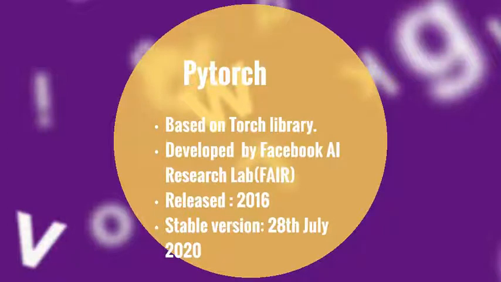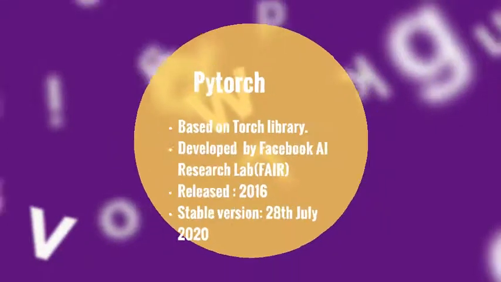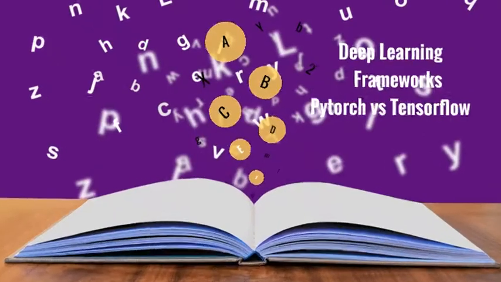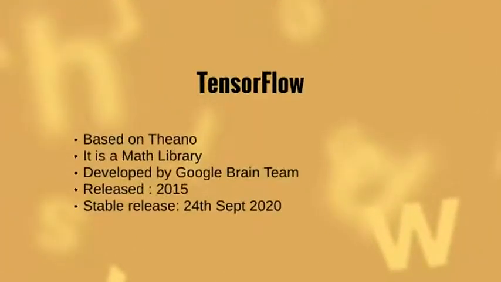Now I'll come to another deep learning framework, and that is TensorFlow. This is very popular, and this library is developed by the Google Brain team. So there's the first difference: this is developed by Google, and PyTorch is developed by Facebook.